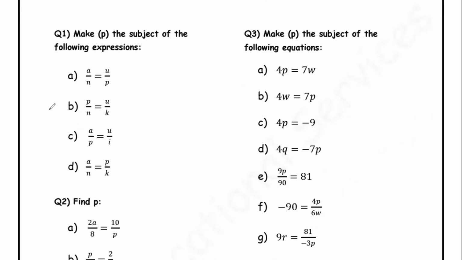So this is based on the trick. Remember I discussed about triangle, square, circle, and X. So out here, let's say X is what we need to make the subject of.